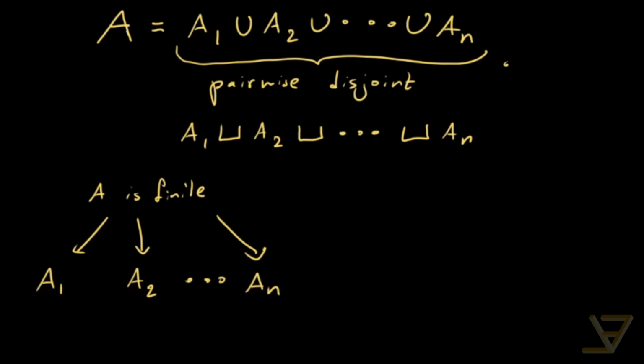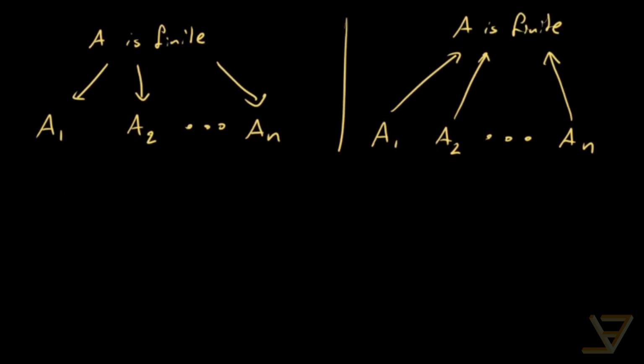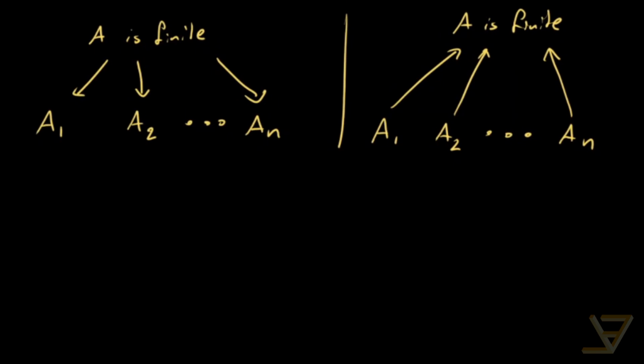Or you can know that A1 is finite, A2 is finite, all the way through to AN is finite, and putting them together gives you that A is finite. So it can go either way, but no matter which direction you go, you know that A1, A2, all the way through to AN are all finite.